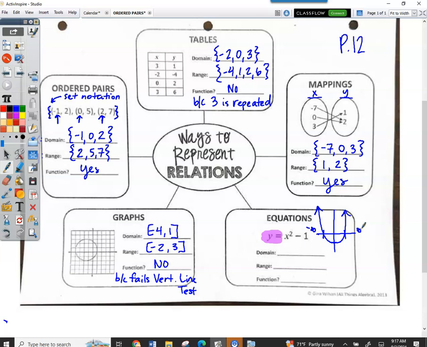But the way to write that in interval notation is negative infinity to positive infinity. Make a note that that stands for all real numbers, which means every single number on the number line.